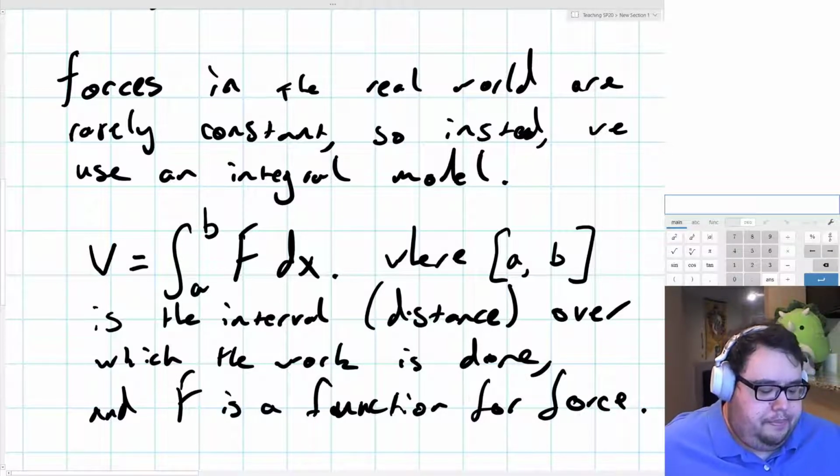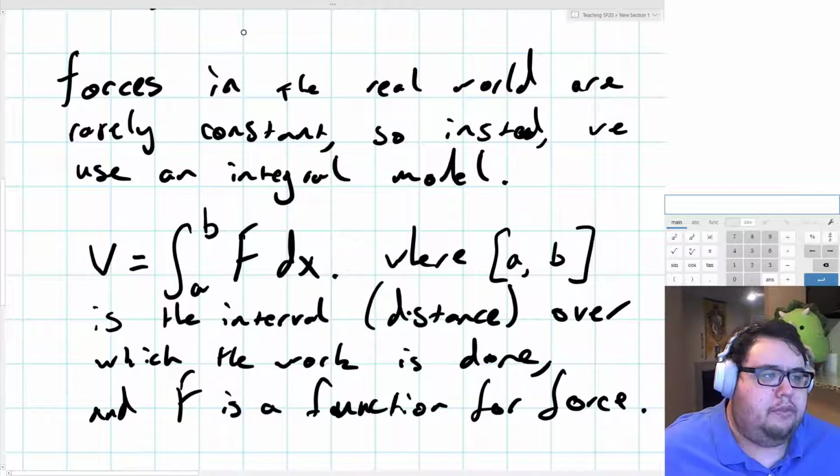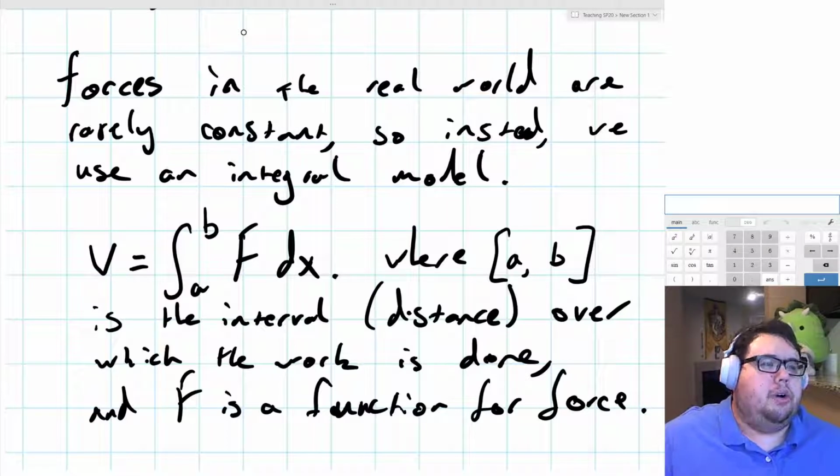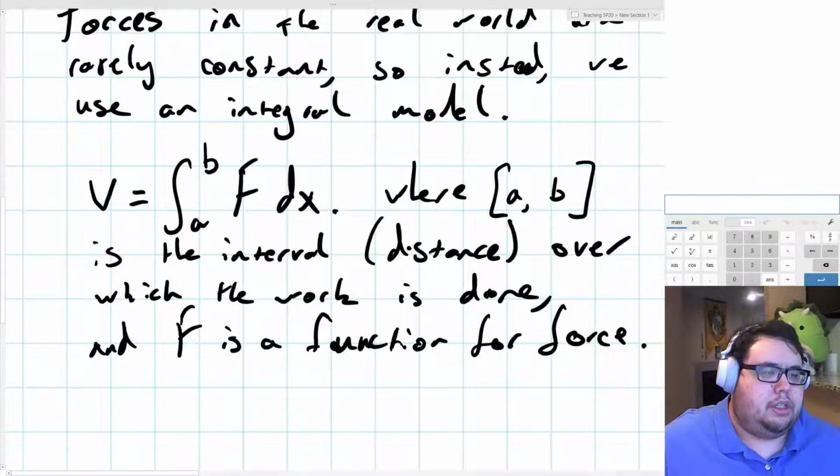Note that for us, f will always be a function of the amount of distance that's remaining, because we don't have the tools to deal with force that's a function of time or something like that. That's a little trickier.